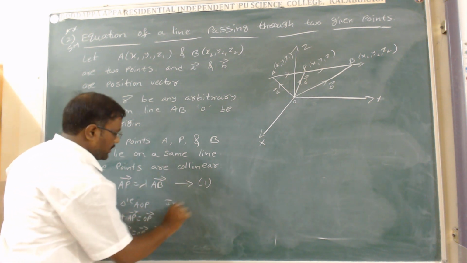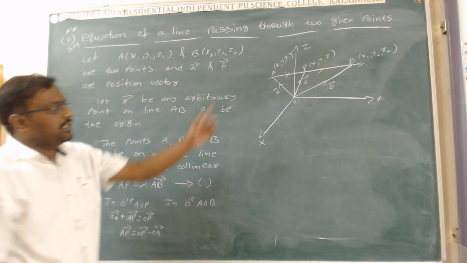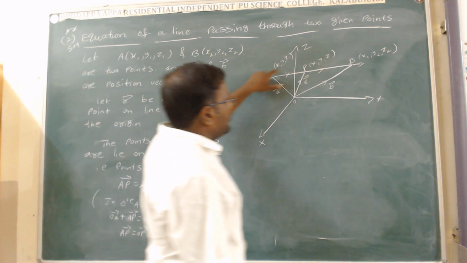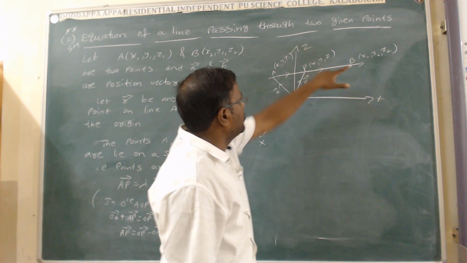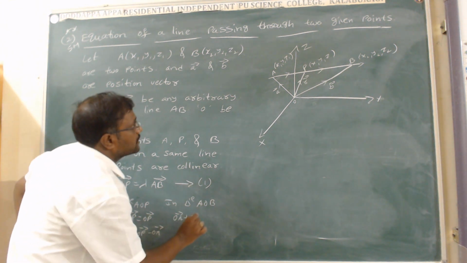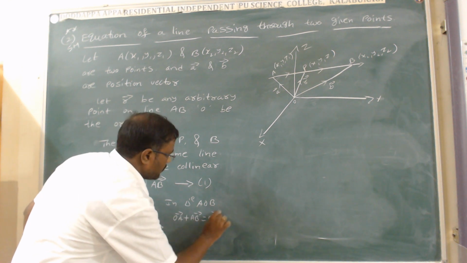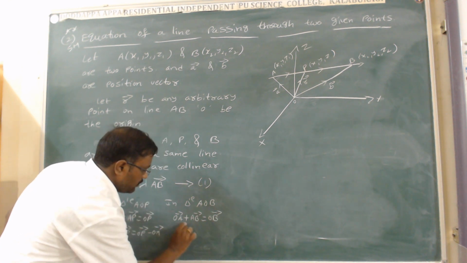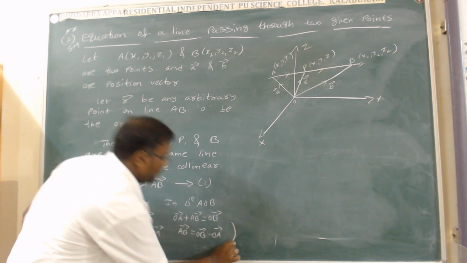Similarly, in triangle AOB, if you apply addition of vectors again, we get OA vector plus AB vector equal to what? OB vector. So AB vector is equal to OB vector minus OA vector.